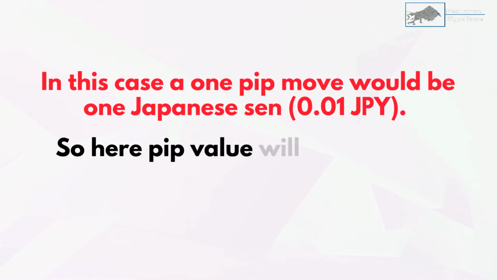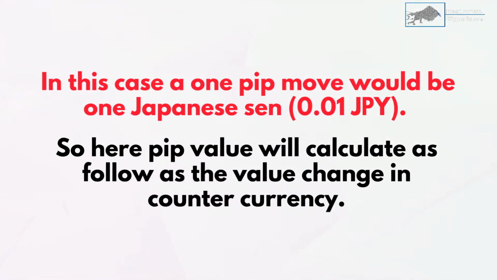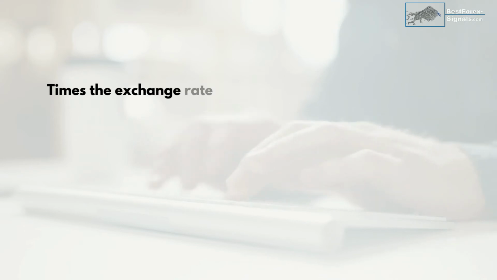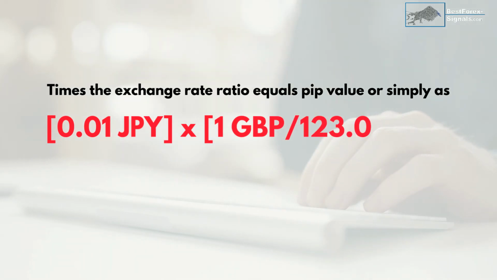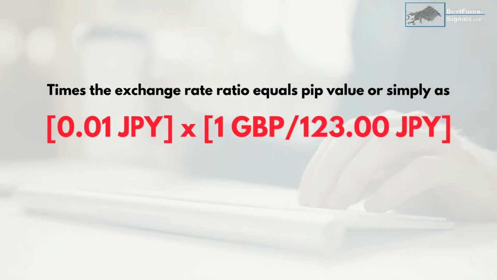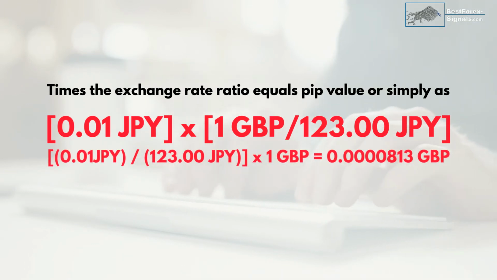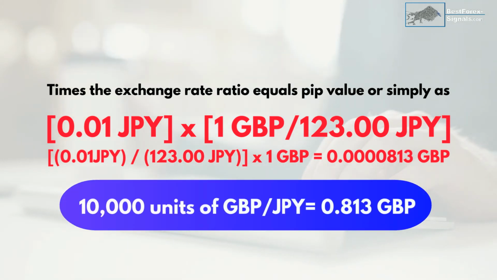So here, the pip value will be calculated as follows: the value change in counter currency times the exchange rate ratio equals pip value, or simply 0.01 JPY times 1 GBP/123.00 JPY. 0.01 JPY divided by 123.00 JPY times 1 GBP equals 0.0000813 GBP. So, when trading 10,000 units of GBP/JPY, each pip change in value is worth approximately 0.813 GBP.